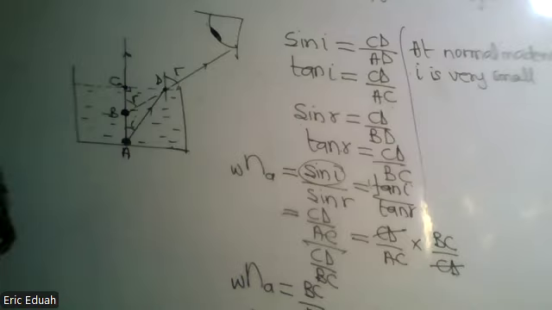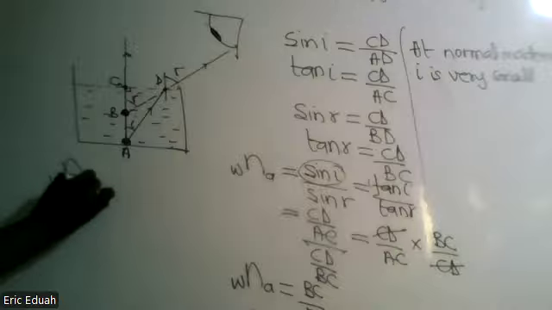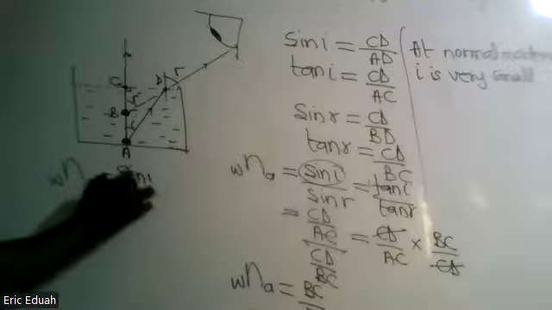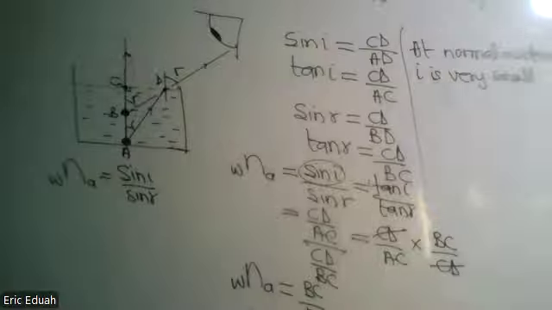So we are looking for the refractive index as light moves from water to air. And it's telling us that refractive index is sine I over sine R. What we are doing is that we are considering small angle of incidence.